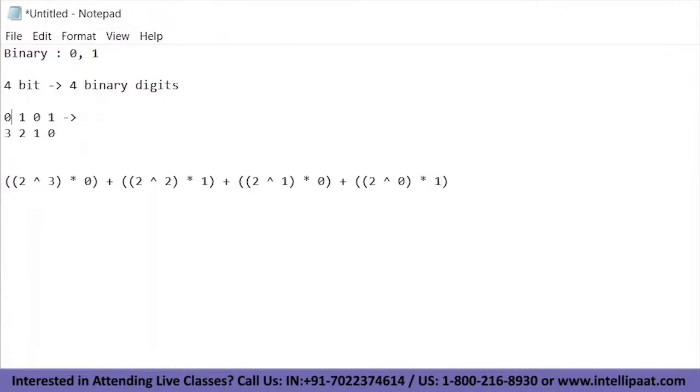As you can see, the number at the 0th position is 1, so we multiply it by 1. Then at the first position it is 0, at the second position it's 1, and at the third position it's 0.